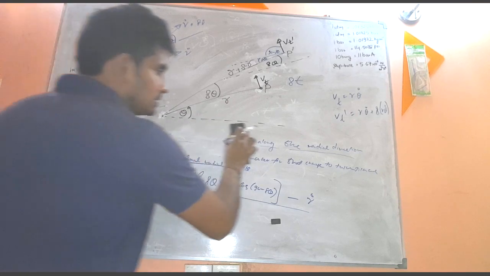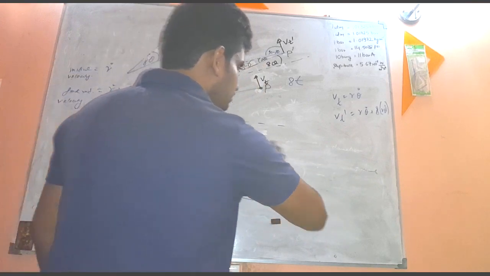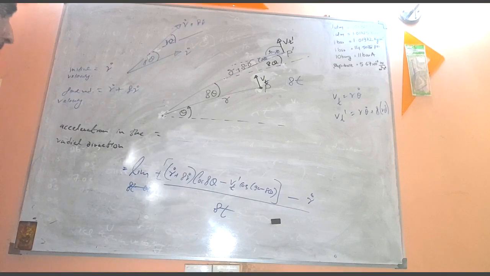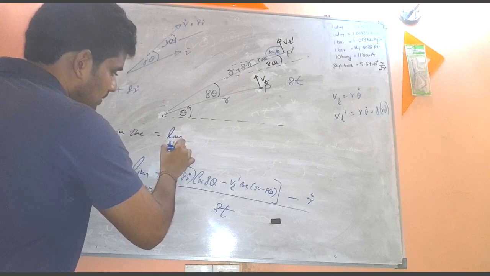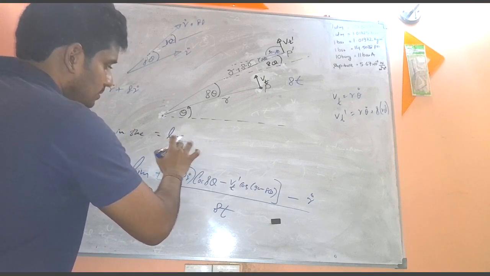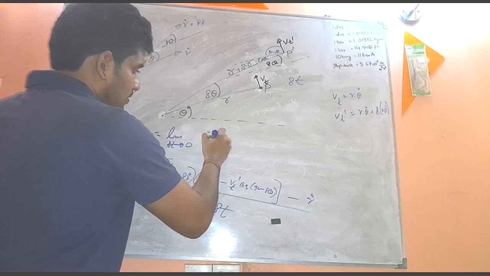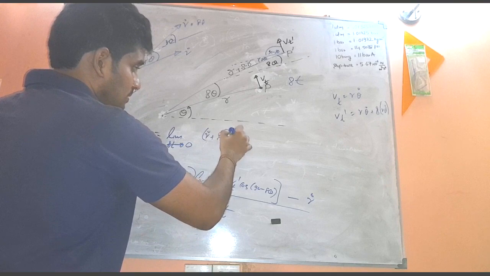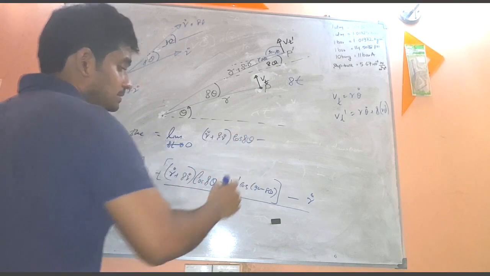So I will erase this equation. Limit delta t tends to 0 of r dot plus delta r dot times cos delta theta, minus Vt dash.